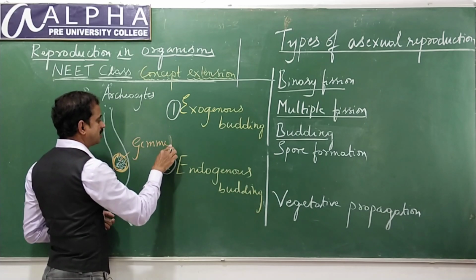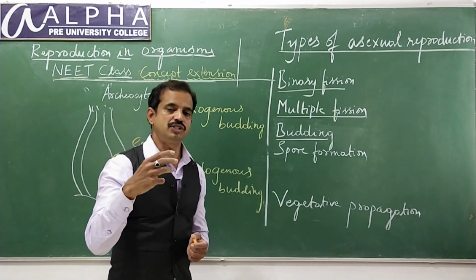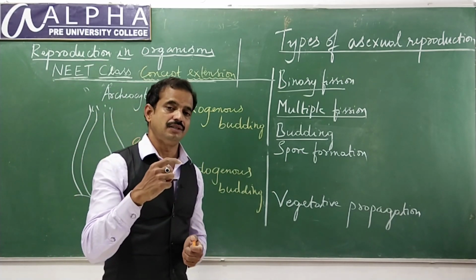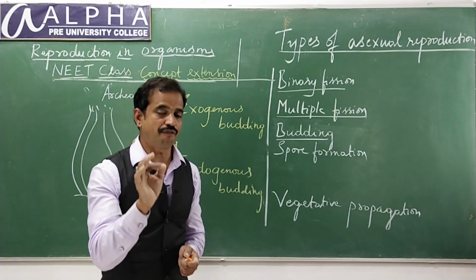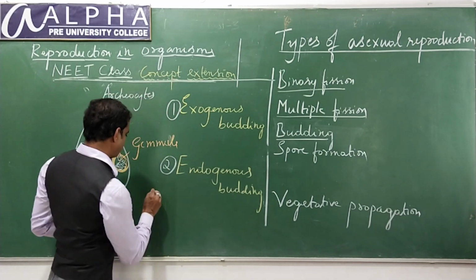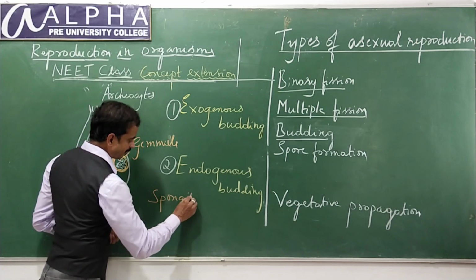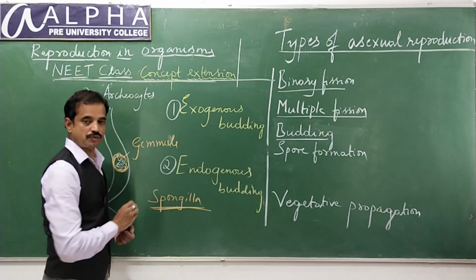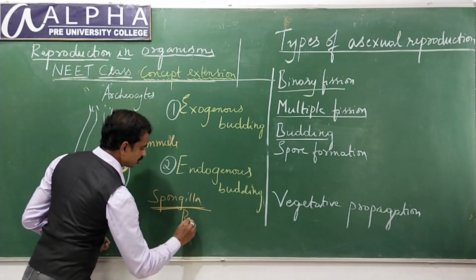We call this as a gemule, and the gemules or the endogenous buds in poriferans, in sponges, is seen in freshwater sponges. Example for freshwater sponge, Spongilla. It is always seen in freshwater sponges. Example, Spongilla. These are also represented in bryozoans.